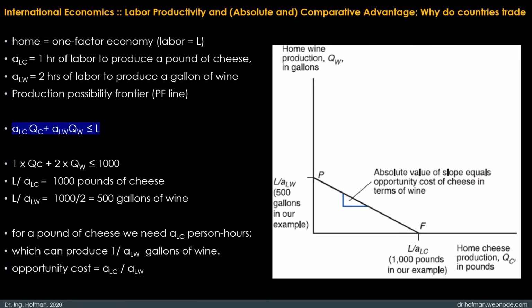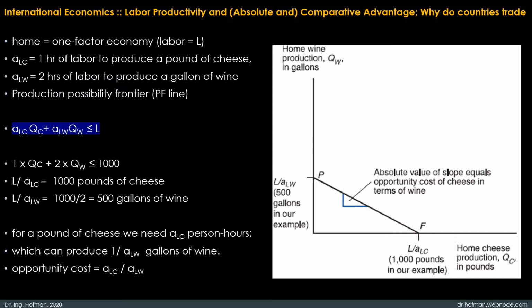Let's speak about the one-factor economy first. To introduce the role of comparative advantage in determining the pattern of international trade, we begin by imagining that we are dealing with an economy, which we call Home, that has only one factor of production. We imagine that only two goods, wine and cheese, are produced.